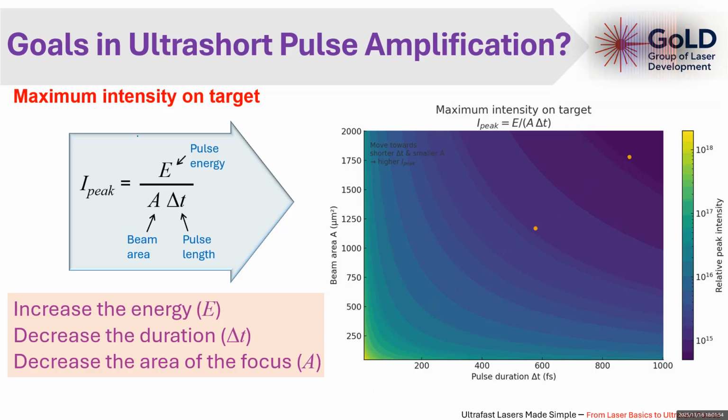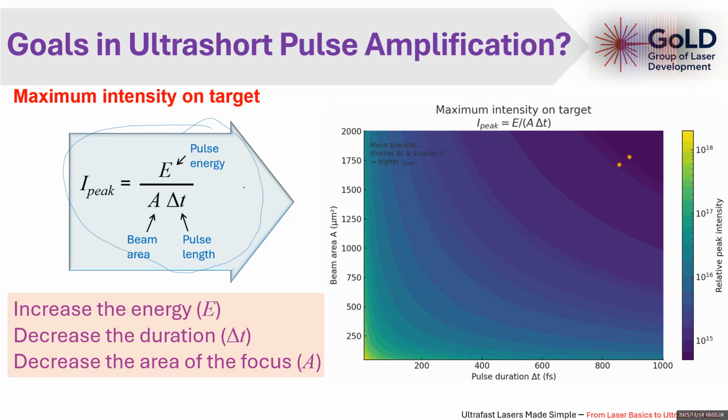And if you see this equation here, amplification, what will it do? Increase the energy, but in the way we are supposed to do: to increase the energy, but the pulse duration should not be increased.